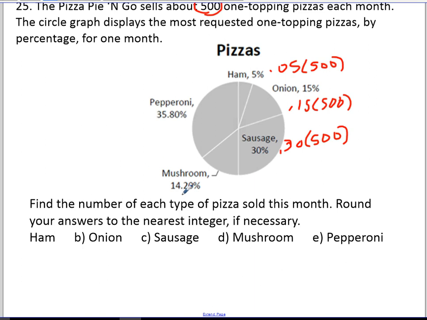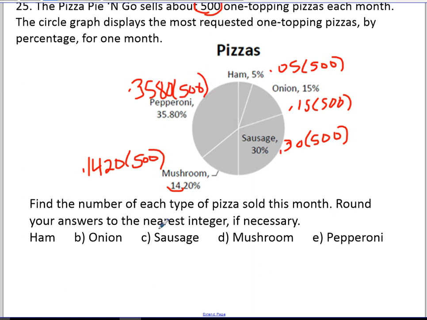Mushrooms, notice now they give us a decimal. So again, we're still going 2 places to about 0.1420. There's 0.142 if you drop that last 0, times 500. And then our pepperoni is 0.3580 times 500.